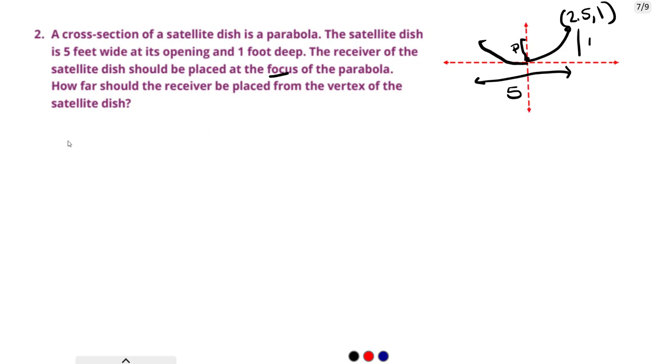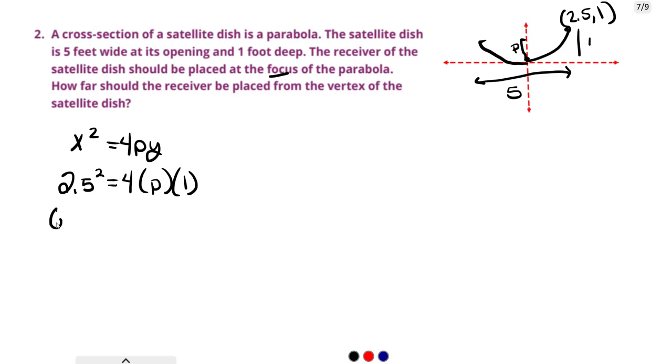And so we're going to do the same thing. So since this is an up and down parabola, we're going to do x squared is equal to 4py. This time we know our x is 2.5 squared is equal to 4 times my p value times my y value, which is 1. 2.5 squared is 6.25, and this becomes 4p.